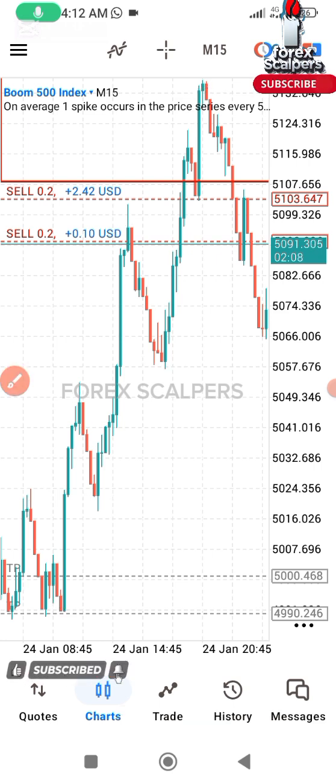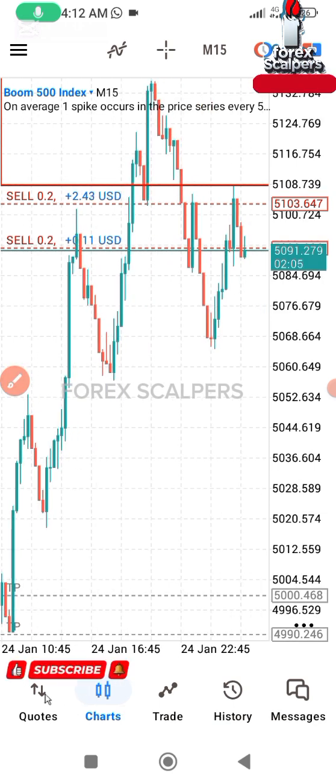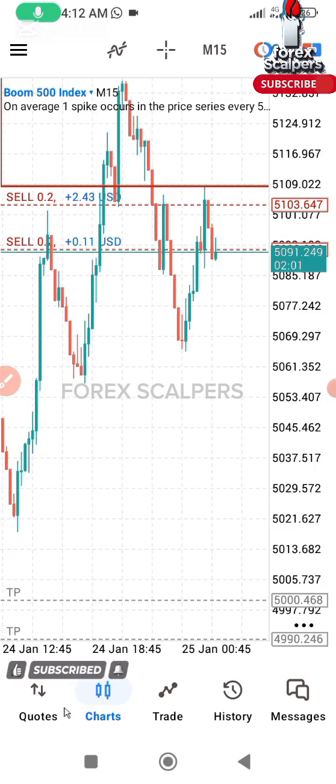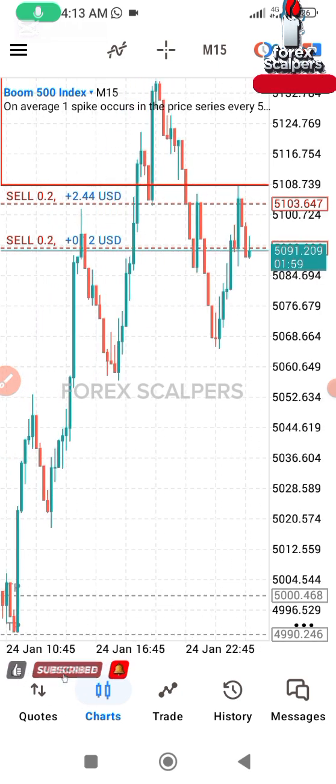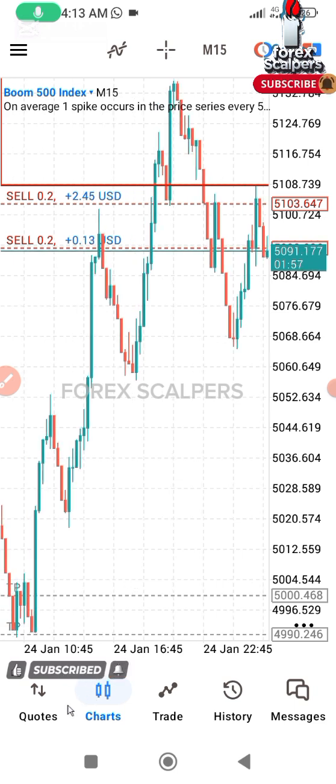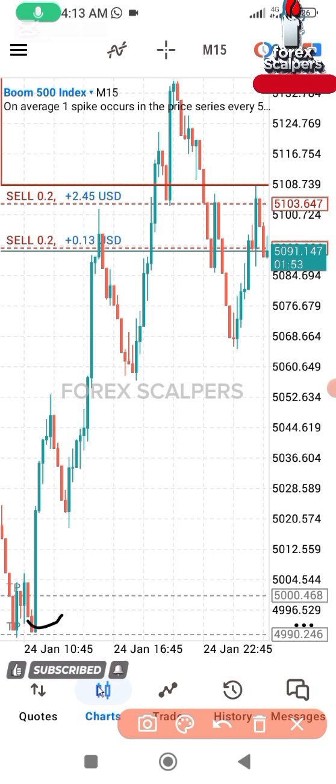So if you must sell, certain conditions must be met. And what is this condition that must be met? Here is the condition, let me show you this again. You have this higher high, higher low, higher high, higher low, higher high, higher low, and higher high.